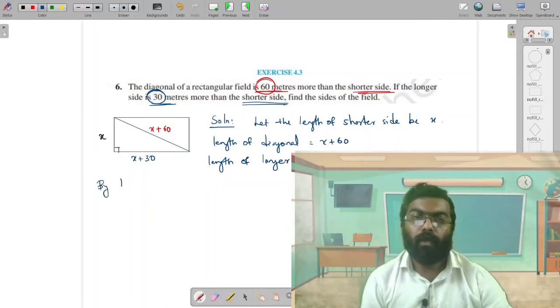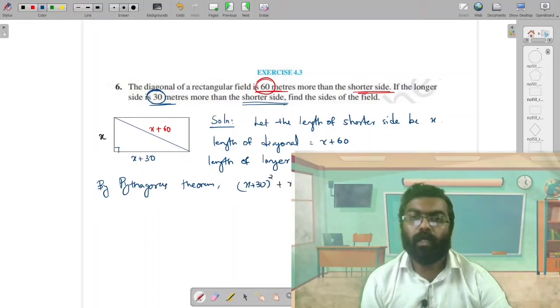Now by Pythagoras theorem, we can write x plus 30 the whole square plus x square is equal to x plus 60 the whole square. Base square plus altitude square is equal to hypotenuse square.